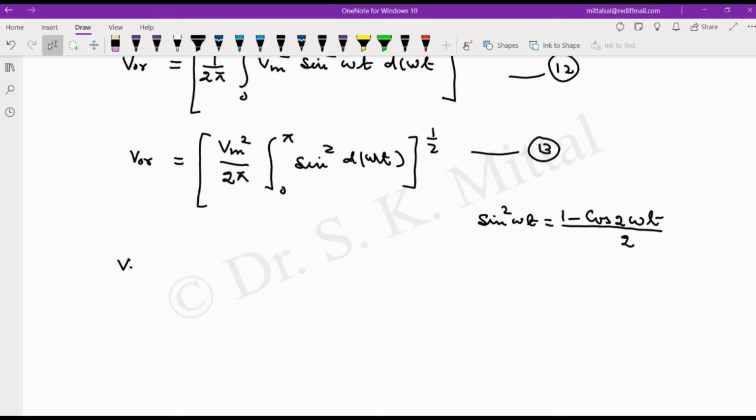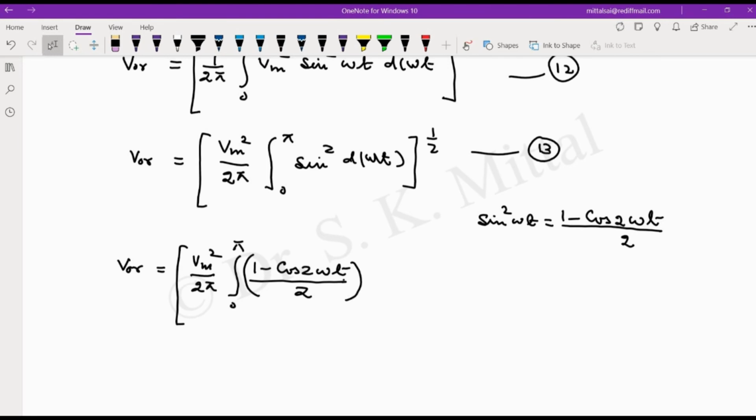So now the RMS value of output voltage V0R is equal to the square root of Vm square divided by 2 pi, integral limit from 0 to pi, and in place of sine square we can write (1 minus cos 2 omega t) divided by 2.